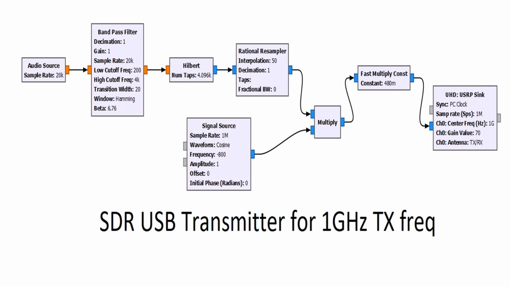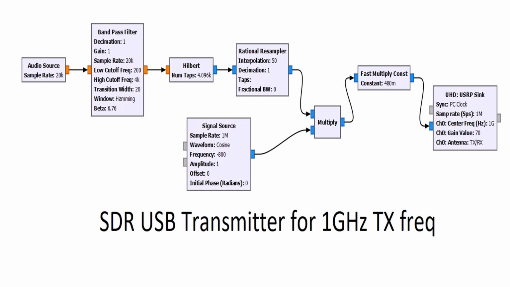And here is a final product of how we could turn this into an upper sideband transmitter centered at 1 gigahertz. We feed in the audio rate's 20 kilohertz, we bandpass filter it, we then run that through what's called a Hilbert transform, which turns the audio signal into a complex signal.